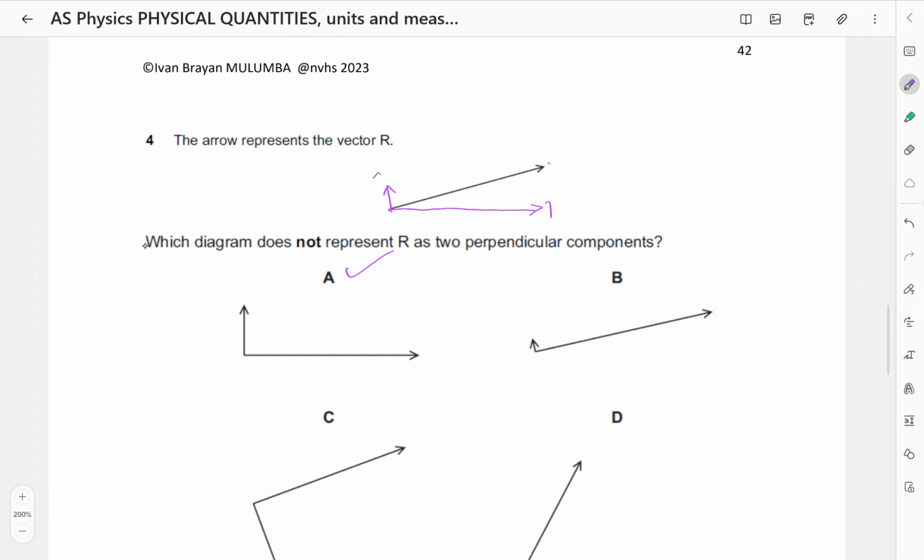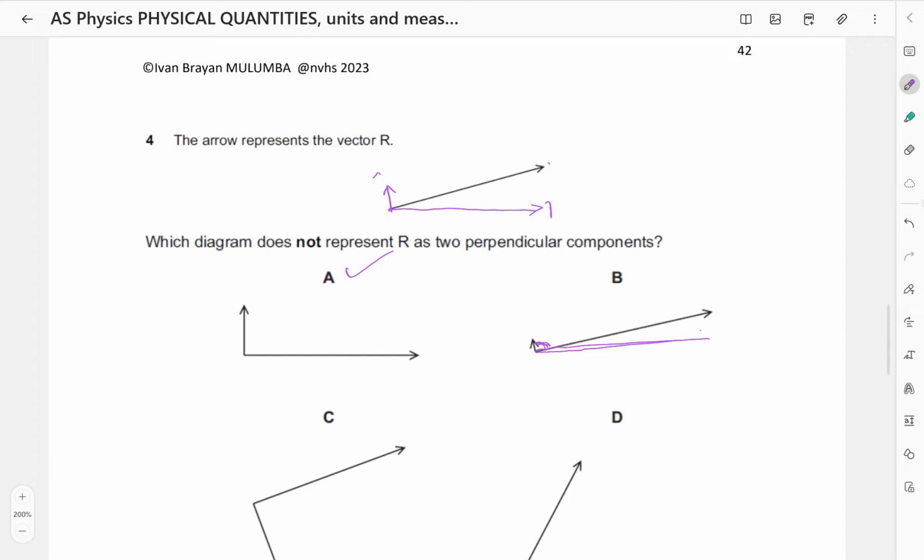Then B could also be correct because if the vertical component becomes smaller, then... Which diagram does not represent R as two perpendicular components? So we have just twisted this angle here.